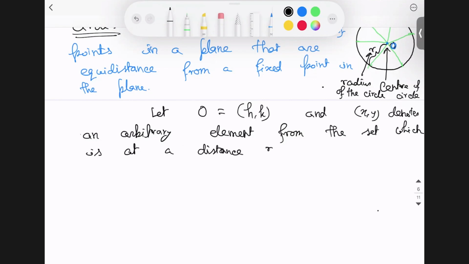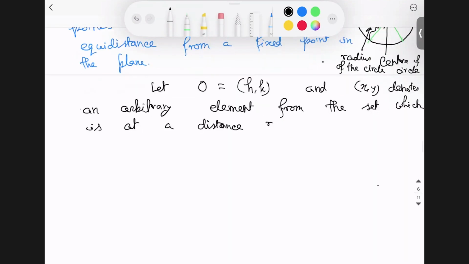Okay, r is fixed and it denotes the radius of the circle, the fixed value denoting the distance from the center to any arbitrary point on the black curve. Fine. So in that case, how can we write this?